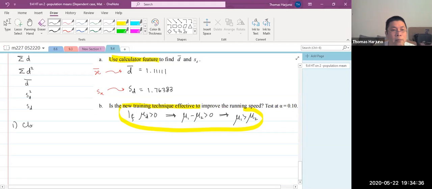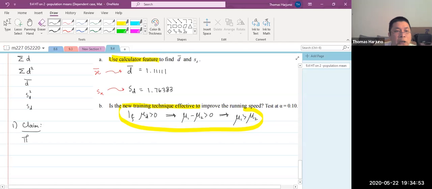So, claim. The claim is worded as a question. I need to rephrase it into a statement, into a claim.